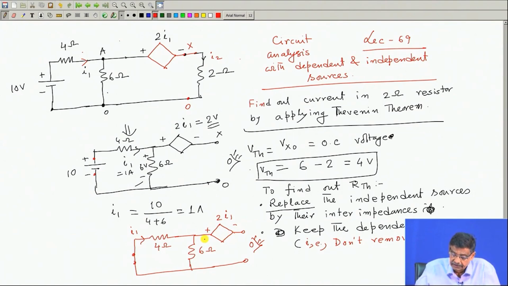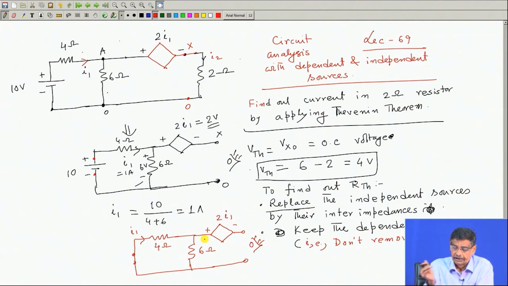I am just arguing like this, that if it is 4 and 6, so it is 0, then is it equal to 24 by 10? 2.4?